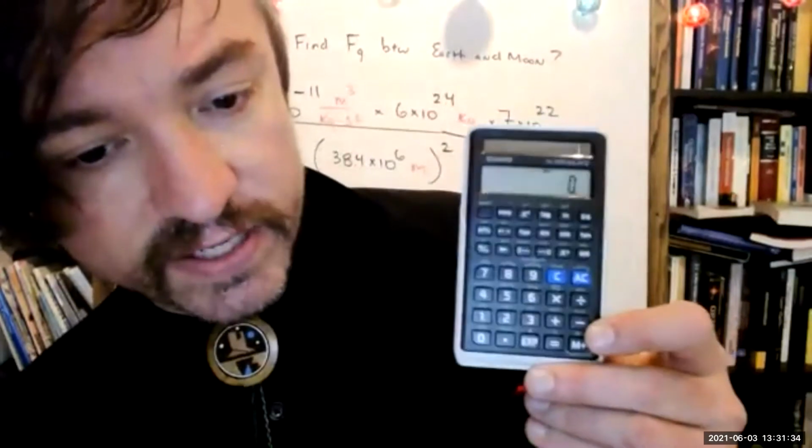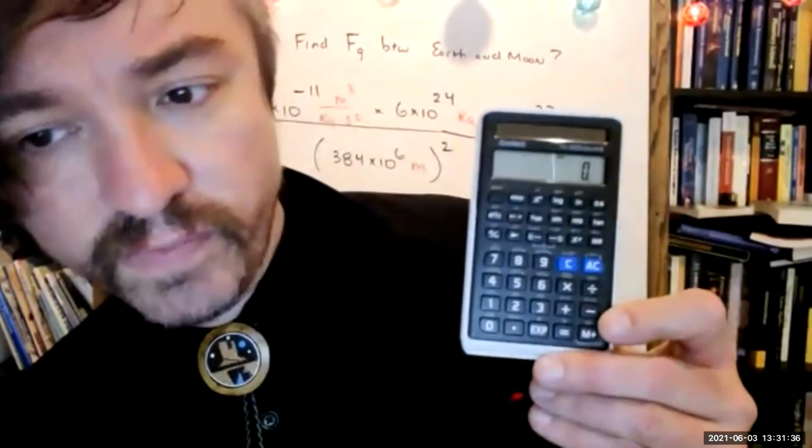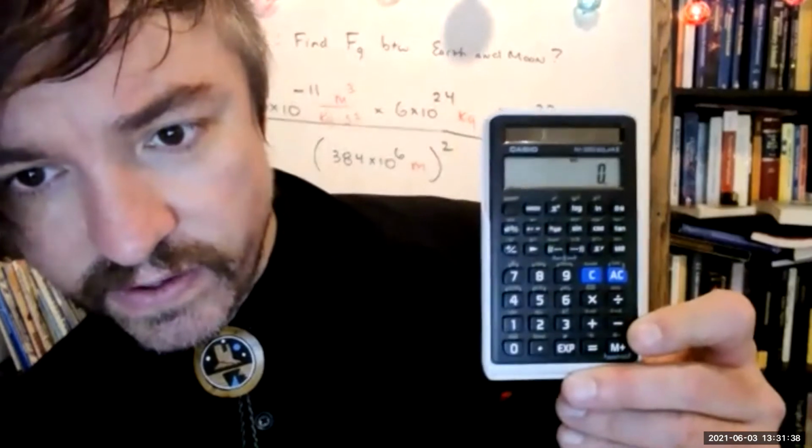This now is not so much for you guys, it's for the studio audience at home who may not have the same chops that you guys do. Okay, let me get the right distance here. First, we'll do big G, 6.67 times 10 to the negative 11, times the mass of Earth, 6 times 10 to the 24, times the mass of the moon, 7 times 10 to the 22, divided by the distance, 384 times 10 to the 6.